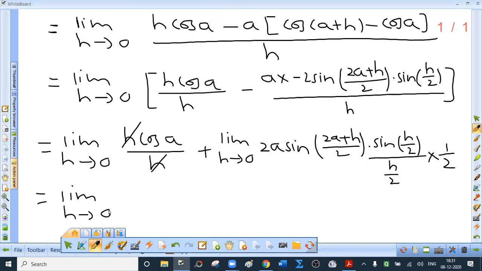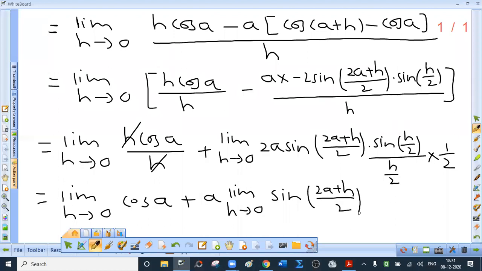So limit h tends to 0 of cos a, which is purely a constant, plus now this 2 and this 1 by 2, so it is just 1, but a is constant. I will write it outside the limit. Limit of product is product of limits. So a into limit h tends to 0 sine of (2a plus h) upon 2 into limit h tends to 0 sine h by 2.